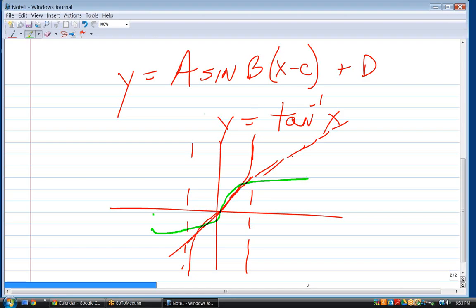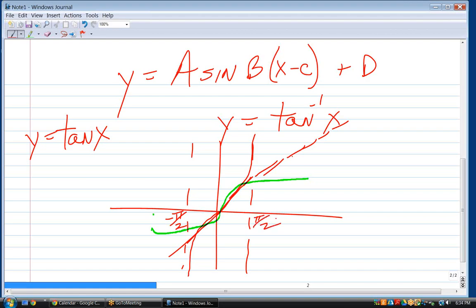Now, whenever you are graphing inverse functions, the domain and range switch. In other words, when I'm talking y equals tan of x, the domain is what? Well, x is an element of all real numbers except for its asymptotes.